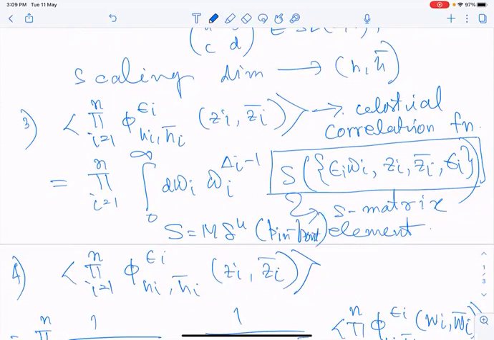Then you just do this integral, and whatever you get as the result of integration is essentially the left hand side. But this delta function will be translated into some things which are not usually found in conventional conformal field theories.